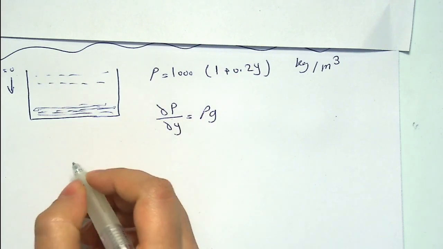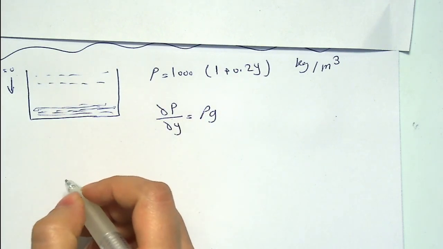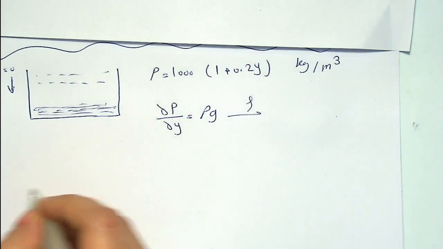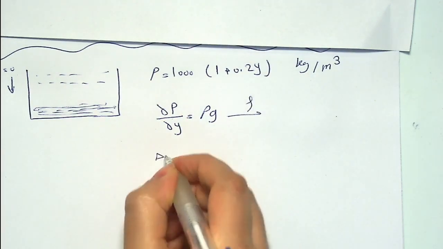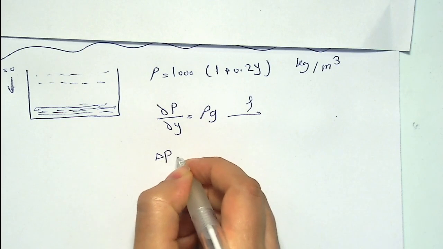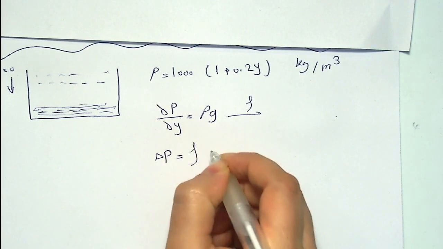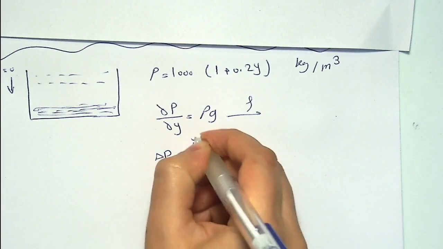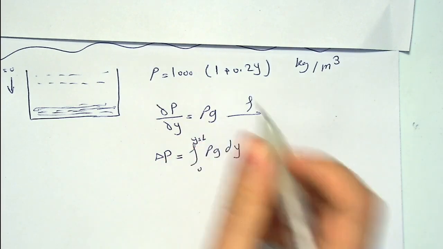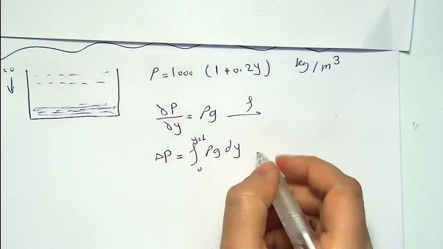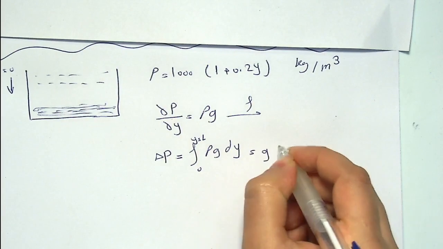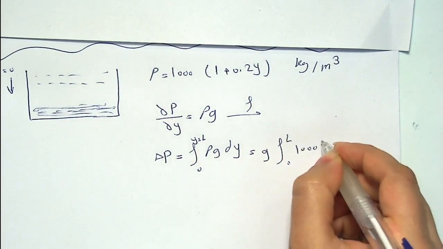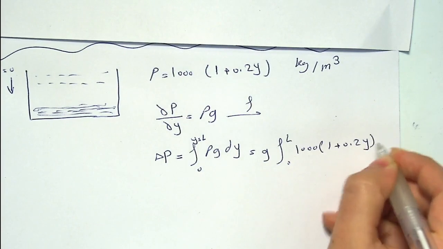So now I can integrate this and get delta P is equal to the integral of rho g dy, where y is from 0 to L, which in this question is 1 meter. g is constant, so it comes out of the integral, and the equation of the density is given to us, dy.